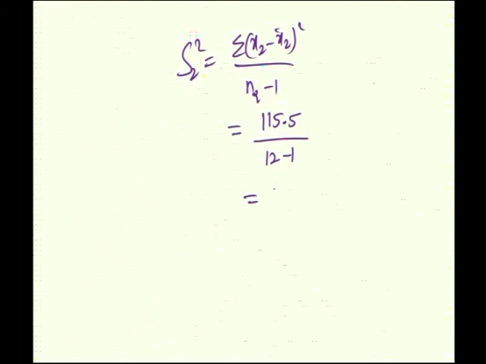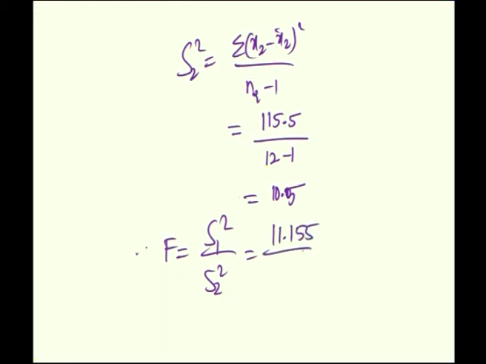This is equal to 10.5. Therefore, the F value is S1 square by S2 square, which is 11.155 by 10.5. This value is 1.062.